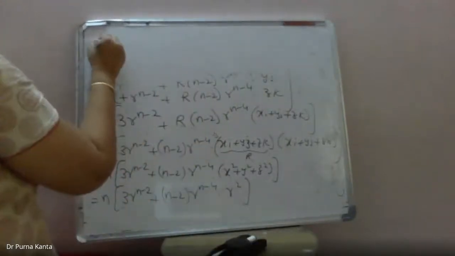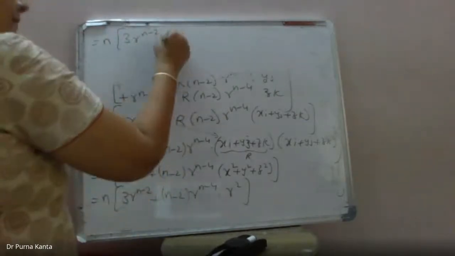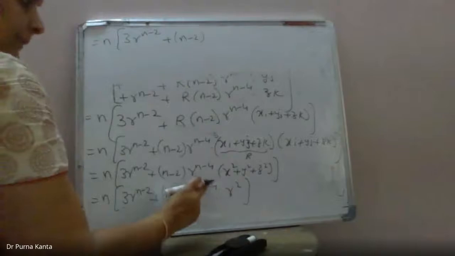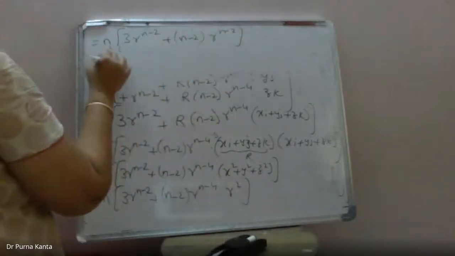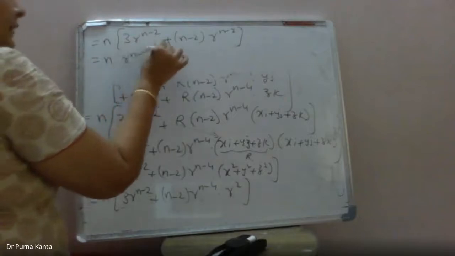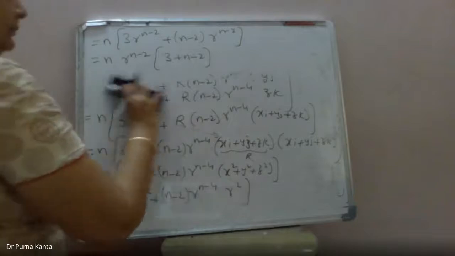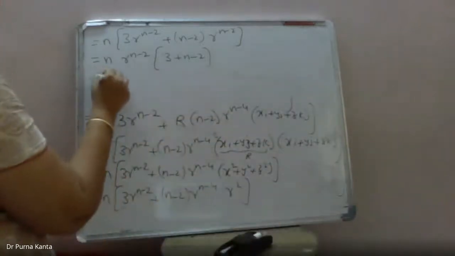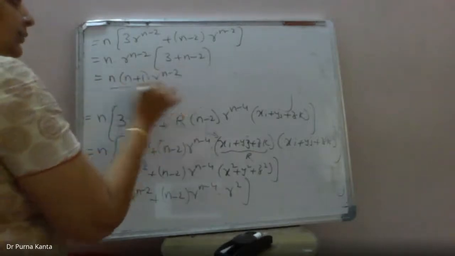Plus n minus 2 r power n minus 4 into r square is r power n minus 2. So n into r power n minus 2, we'll take it out common. 3 plus n minus 2, which is n plus 1 into r power n minus 2.